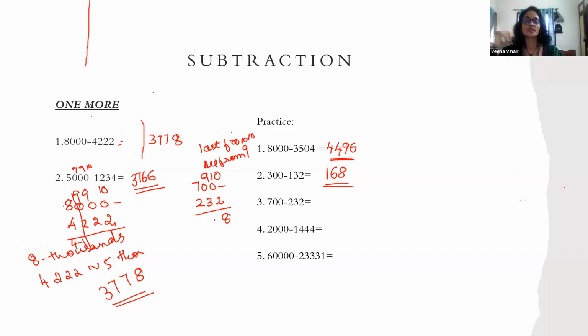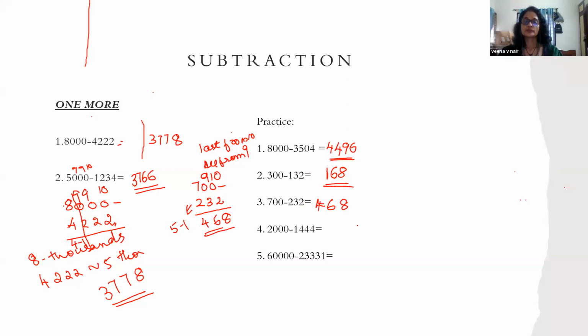Very good. 9 minus 3? 6. Don't tell her answers. Let her calculate it herself. 9 minus 3? 6. Okay. And 7 minus 2? 5. Yes. And what is the rule? You have to reduce 1 from the answer. That is 5 minus 1 is 4. 468. Okay. Now let us do the next question.